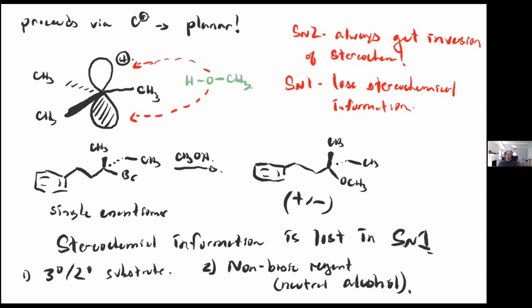Let's think about point two. Methanol doesn't have a negative charge. It doesn't have a lot of propensity to attack a carbon. Methoxide, on the other hand, has a negative charge, is much more reactive, and has a lot of propensity to attack a carbon.